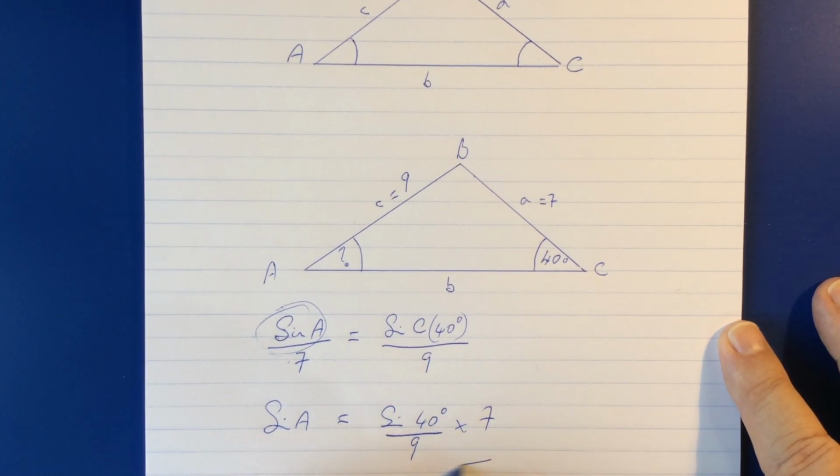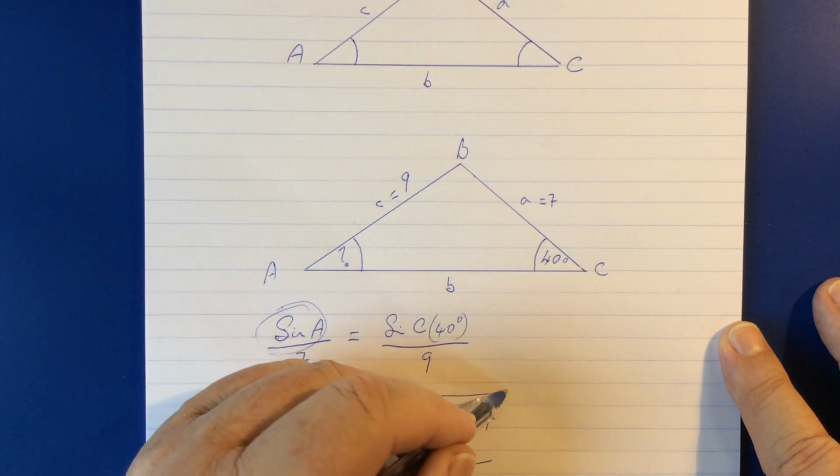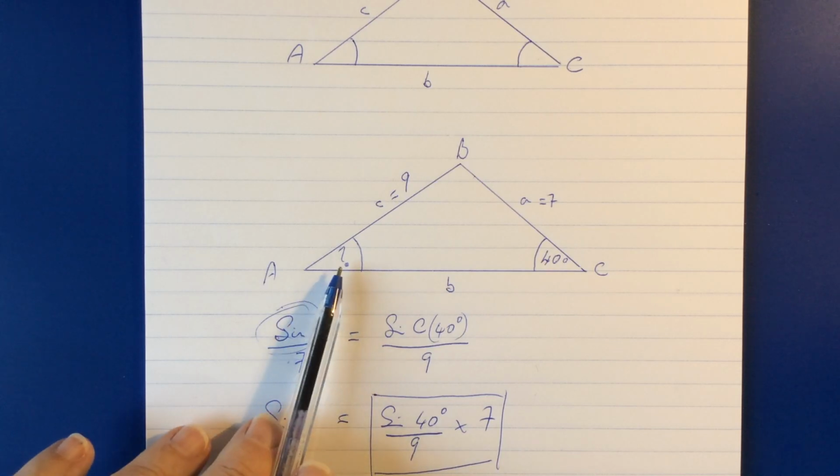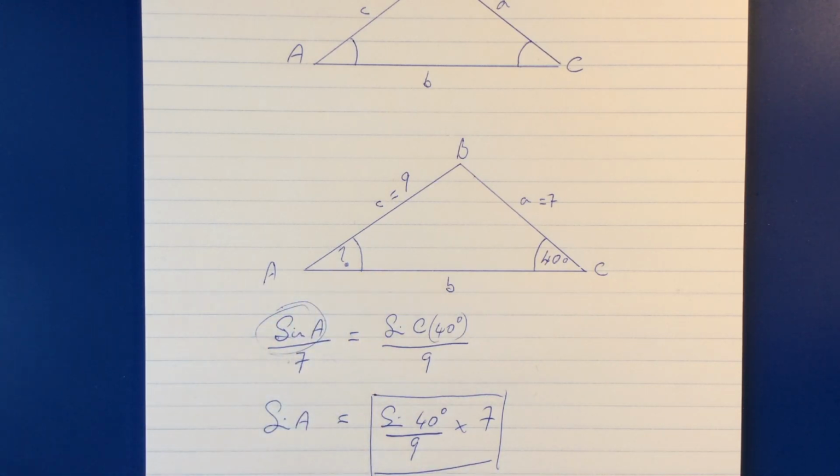And that's our answer until we bang it in a calculator and get a value for this. And what it does is it gives us the sine of this. It doesn't give us the angle, it gives us the sine. And your job then is to find out what the number here is the sine of, what angle it is. And as I said, I would expect it to be sub 40 degrees.